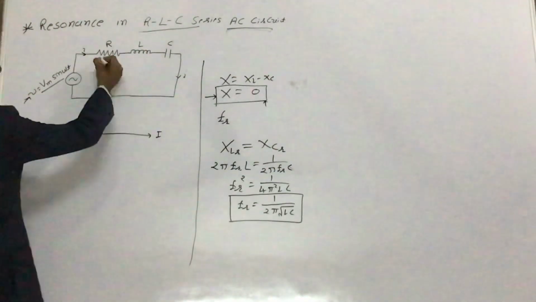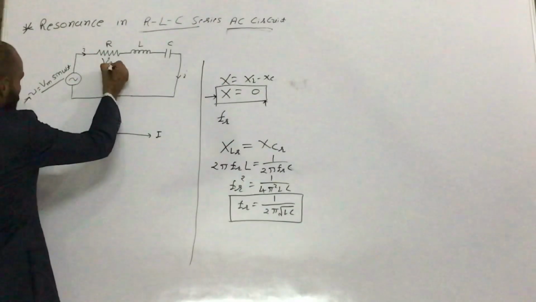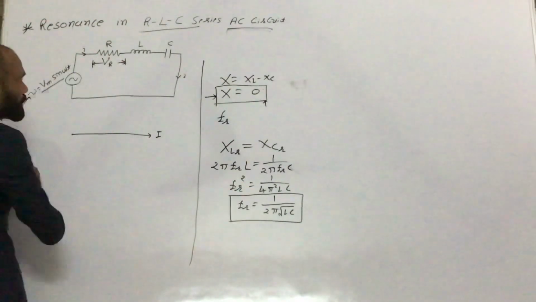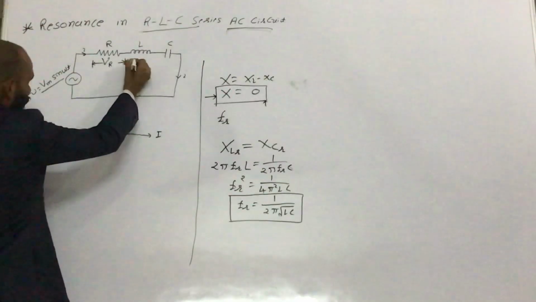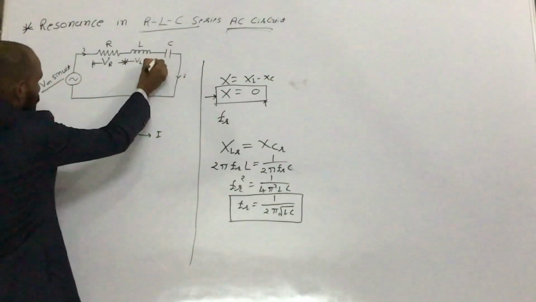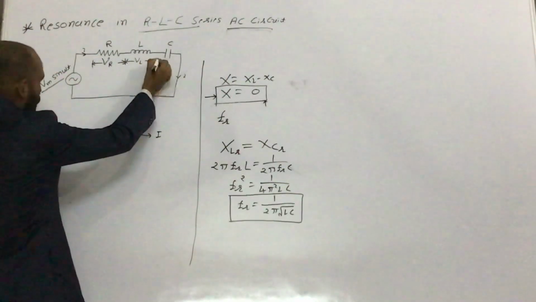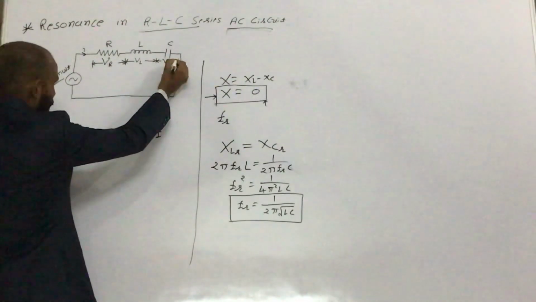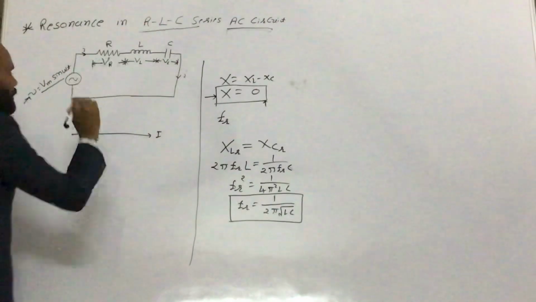Now let VR represent the RMS value of the voltage across resistor, VL represent the RMS value of the voltage across inductor, and VC represent the RMS value of the voltage across capacitor.